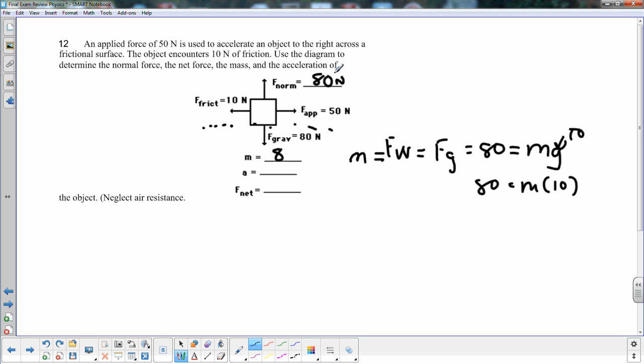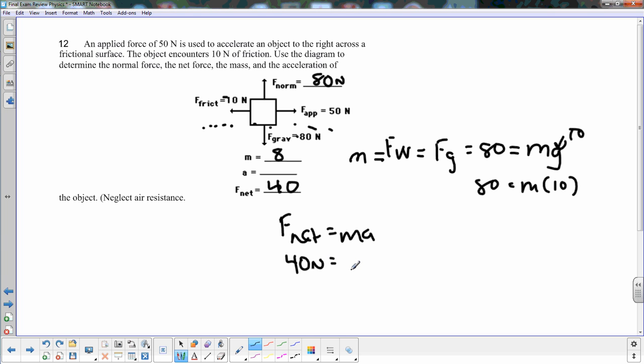So 50 minus 10 is 40. So that's the net force. And on a good day, as my t-shirt says, F net equals MA. So 40 newtons equals the mass, 8, times A, which is what we're trying to solve for. 40 divided by 8 on a good day is 5 meters per second squared.